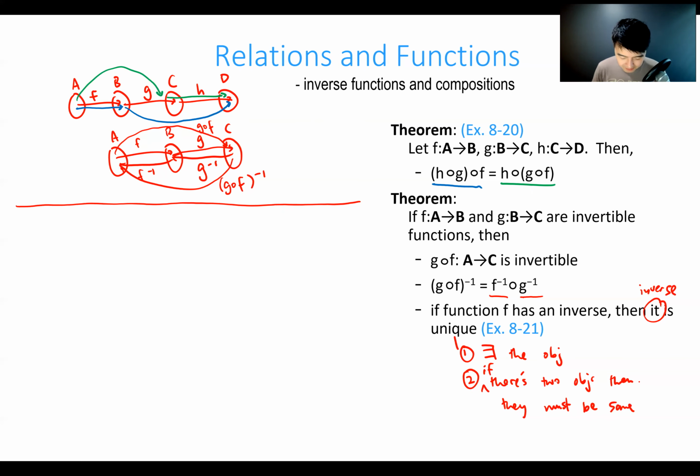At the time, we said the first part means there must be greater than or equal to one of them, and the second part means there must be less than or equal to one of them. So there's at least one and at most one. That is the definition of uniqueness.